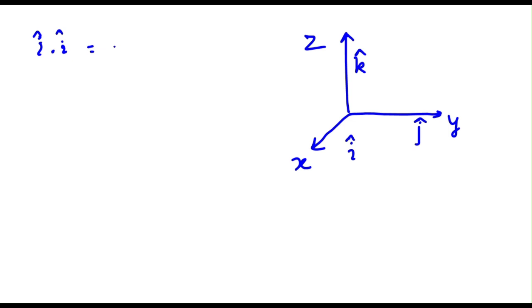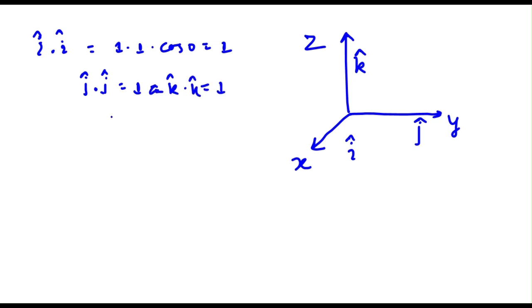So 1 into 1 cos theta, and now theta, the angle between I and I, will be 0. So cos 0 will be 1. It will be ultimately 1. In the same way, j cap dot j cap will be 1, and k cap dot k cap will be 1 also.